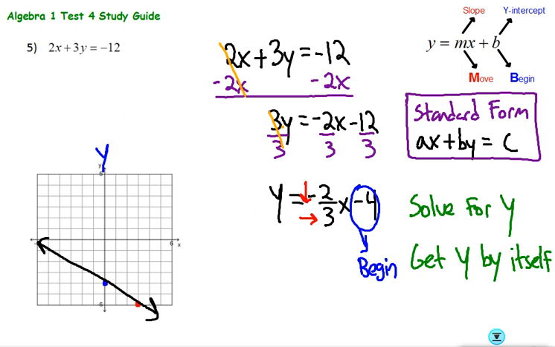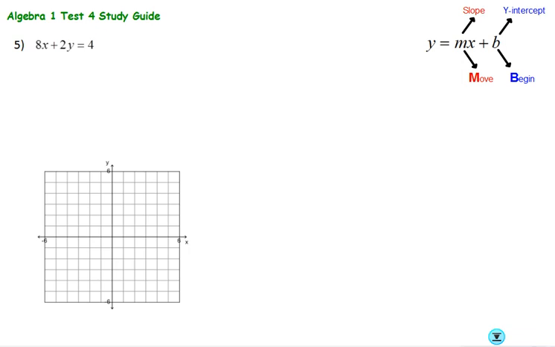You should have number 5 complete by this point, so let's look at number 5. I'm just rewriting this so I give myself a little bit of room. Hopefully on the study guide you feel like you have enough room to write underneath the graph. So this is not in slope-intercept form. Again, this is what we call standard form: x and y are on the same side. So we just have to get y by himself first.